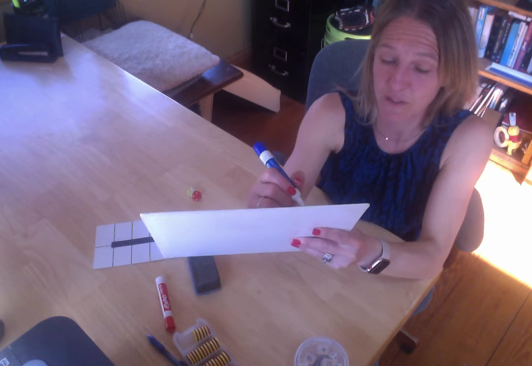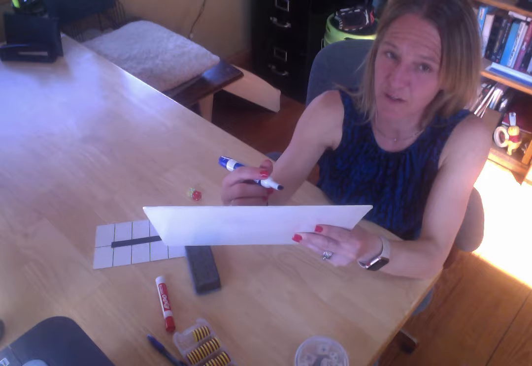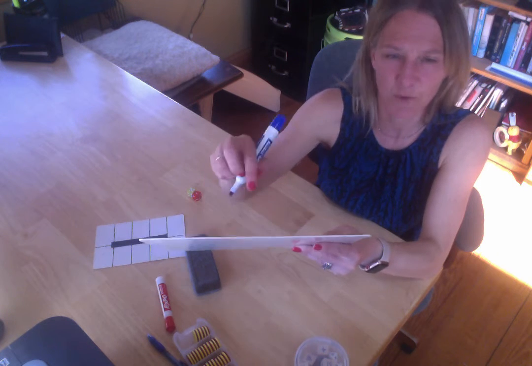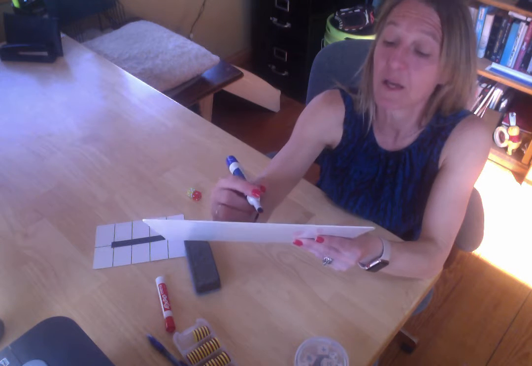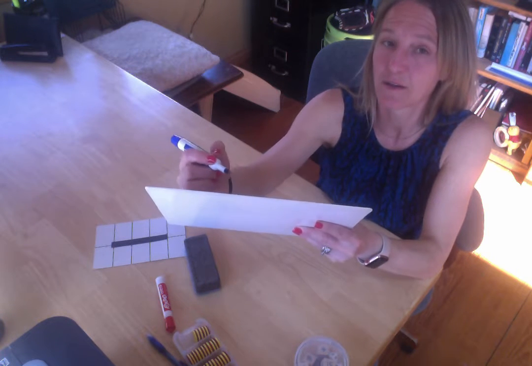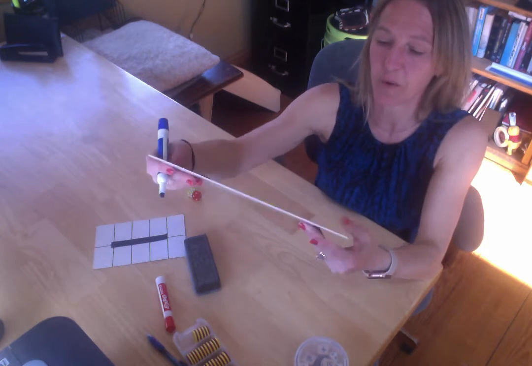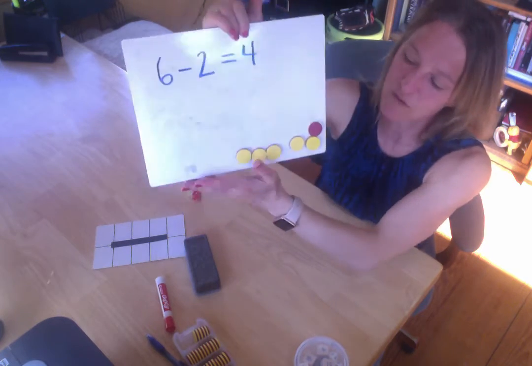And the symbol I'm going to use is a minus sign. Good job. How many fingers did I take down? 2. And then what's that symbol that's going to go next? So I have 6 minus 2 equals... How many fingers did I have up when I was all done? 4. You got it. 6 minus 2 equals 4.